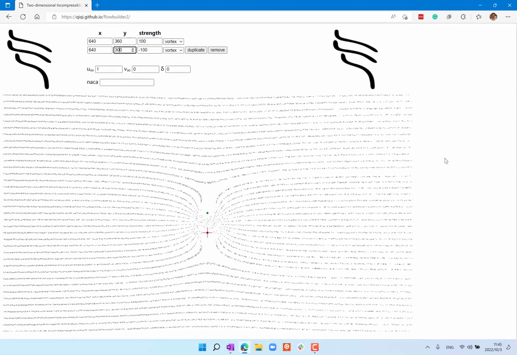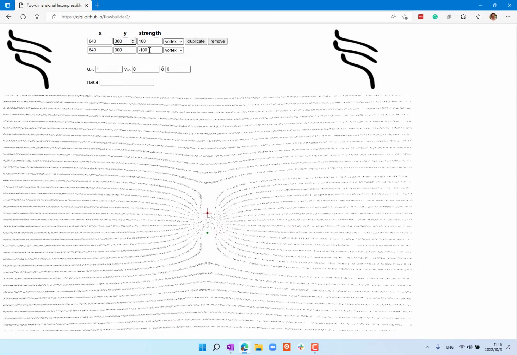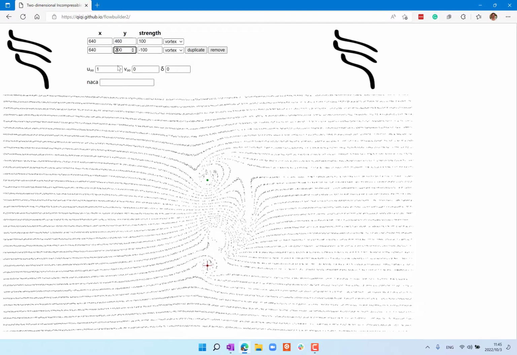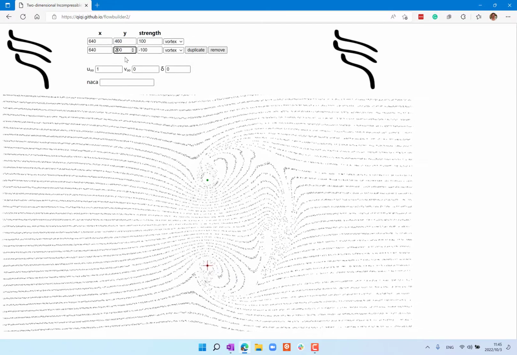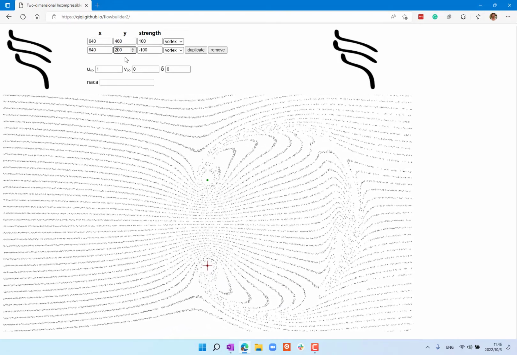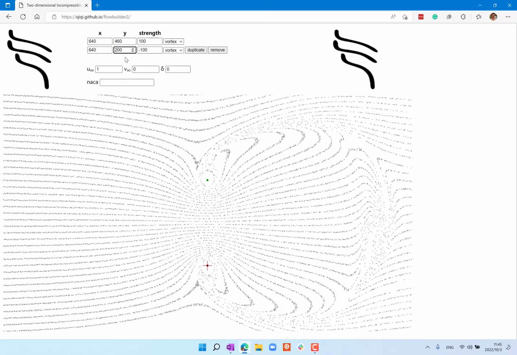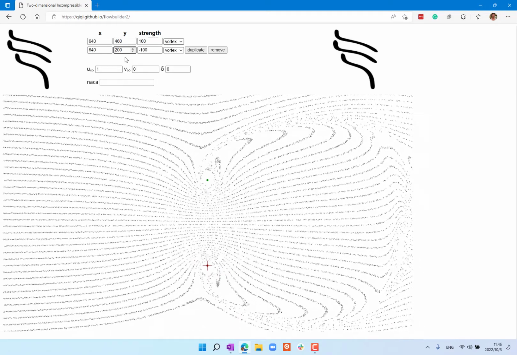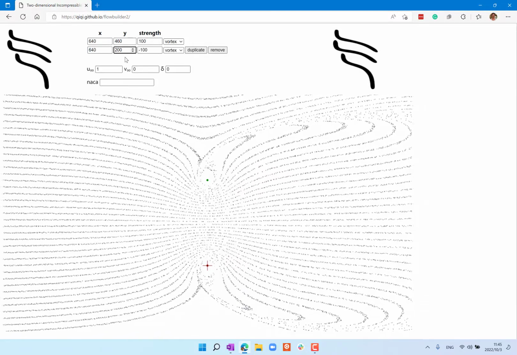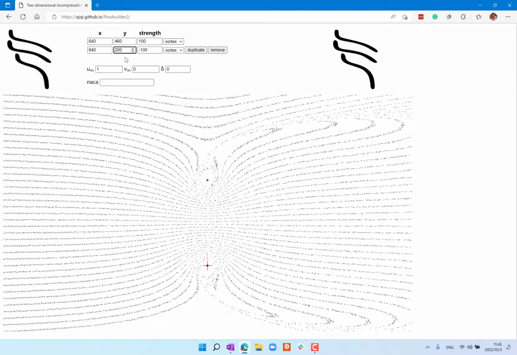It's too close together, so let's make this 460 and 200, maybe a little bit better. So let's wait for things to become more steady state. I mean, the flow is always steady state. It's just the particles: they are initially not on streamlines, right?